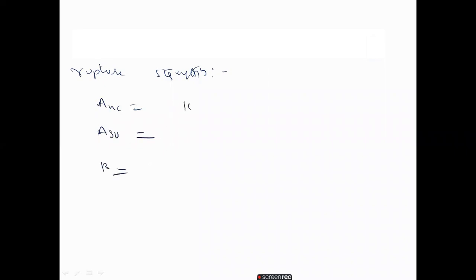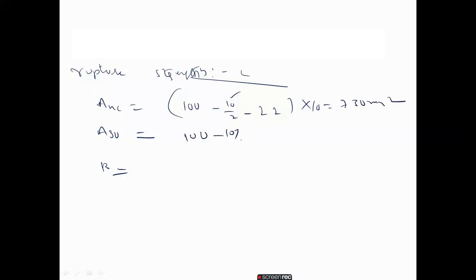Anc is nothing but the net area of the connection: 100 minus half of the plate thickness and the hole diameter, where L is the full length and B is the thickness. You will get 730 mm square. The gross area is the same, but we don't remove the hole diameter, multiplied with the thickness. So we got 950 mm square. For the beta formula, we have done this around 3 or 4 times. Please check once. I am directly writing the numbers here.